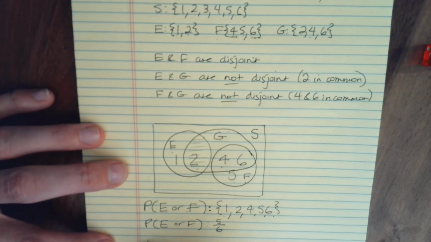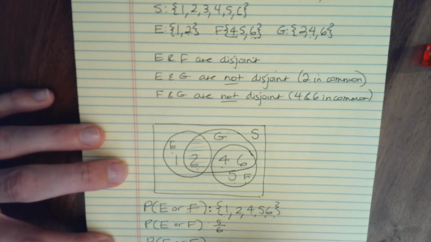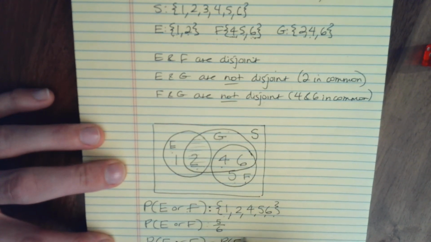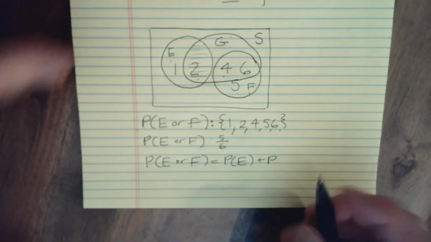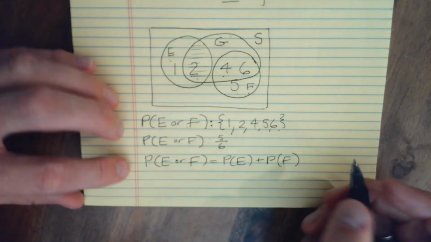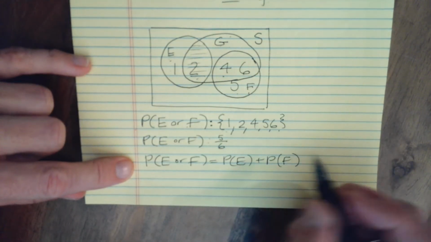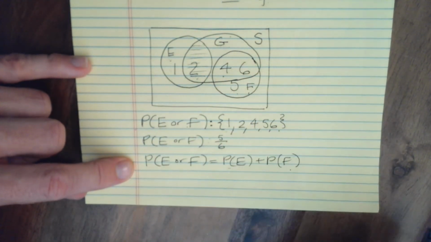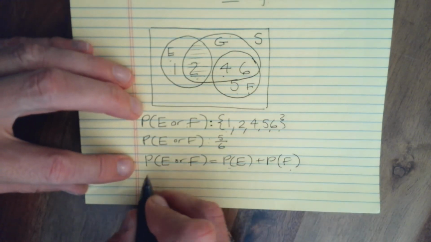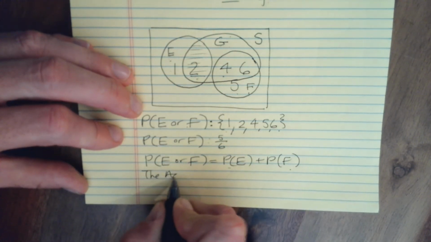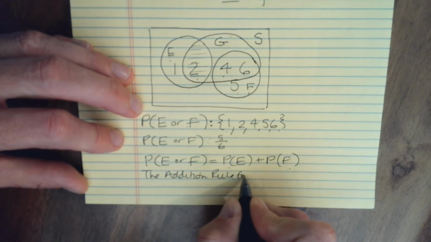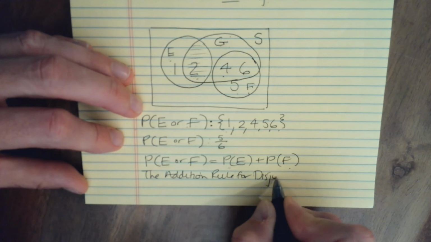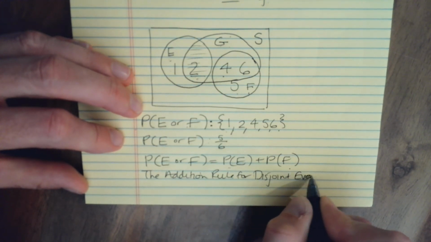But another option: the probability of E or F is the probability of E plus the probability of F. This is true whenever E and F are disjoint or mutually exclusive. In fact, we call this the addition rule for disjoint events.